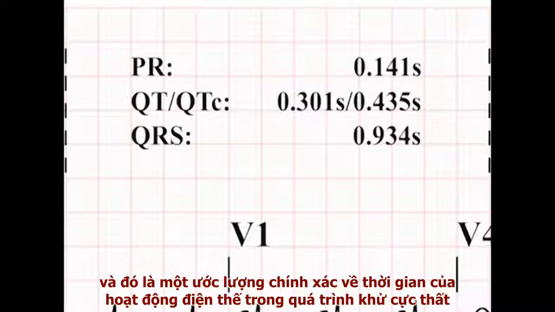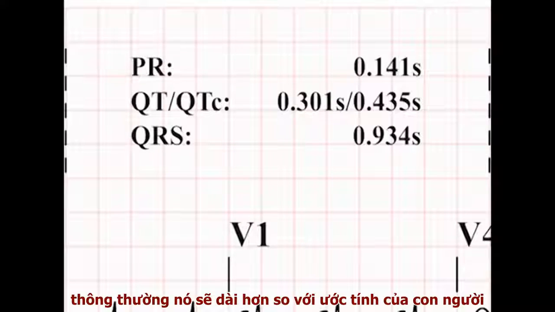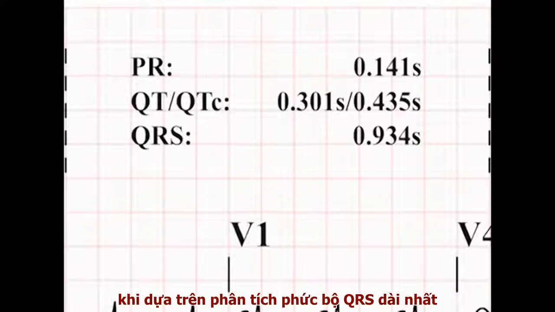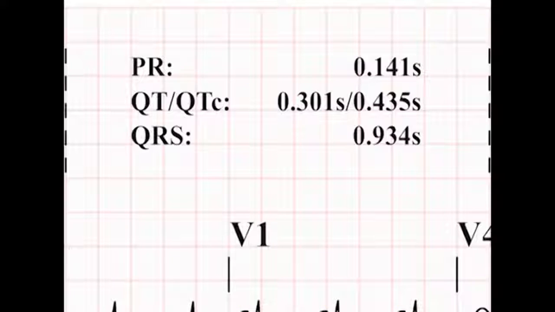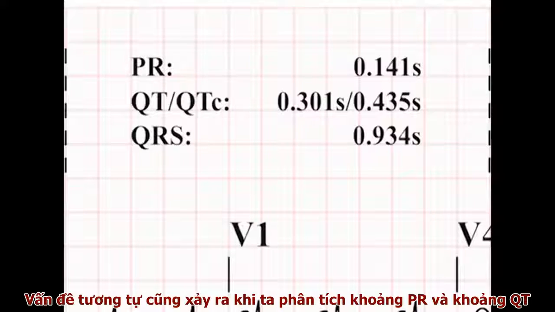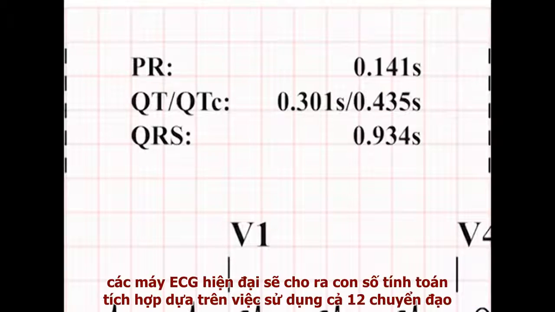This tends to represent an accurate estimate of the duration of all of the events of ventricular depolarization and will always tend to be longer than the human estimate based on the analysis of the widest QRS duration. Exactly the same problems exist for the analysis of the PR interval and the QT interval, and modern machines will present you with an integrated value calculated using all 12 leads.